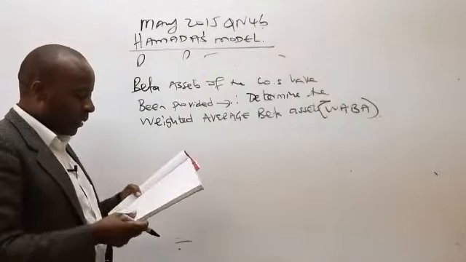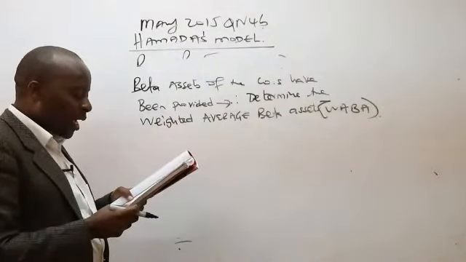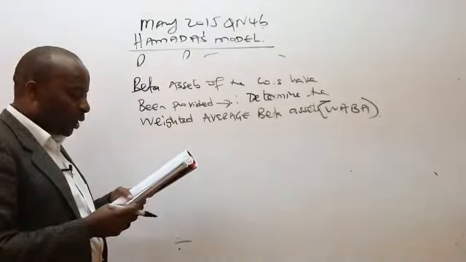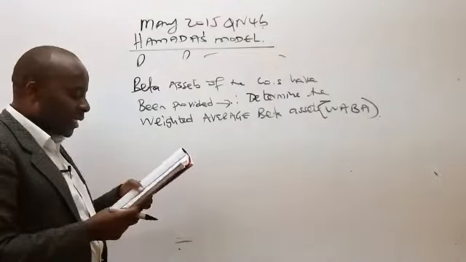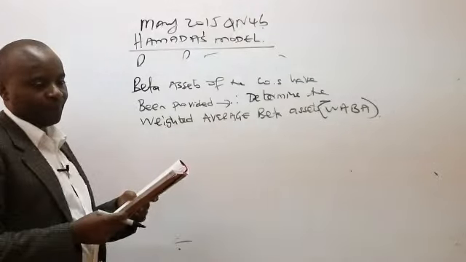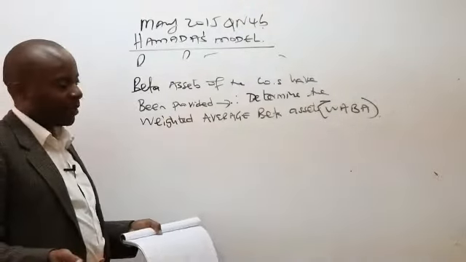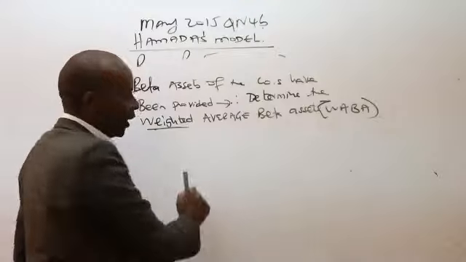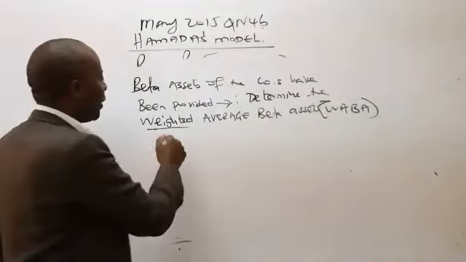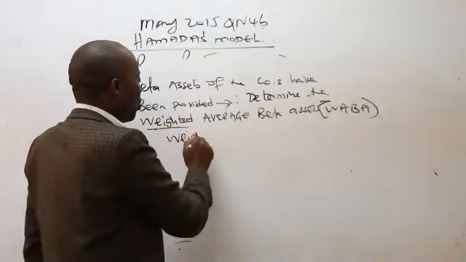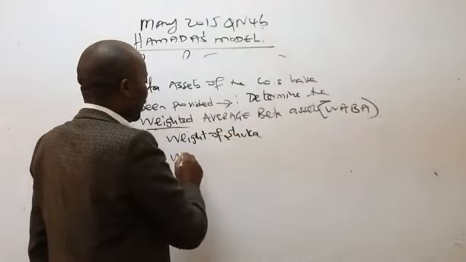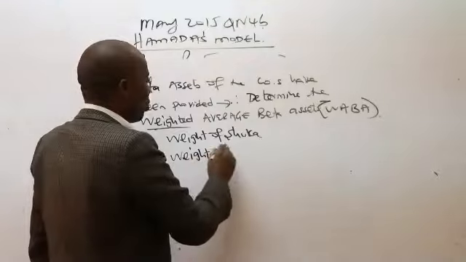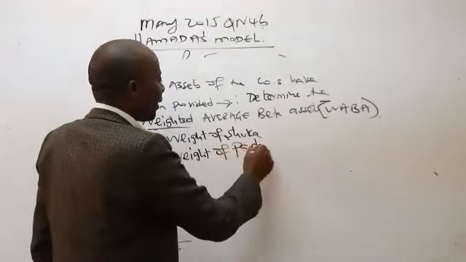So then, ladies and gentlemen, what shall we do for us to be able to get the weights? We need the weights. So I would want someone to give me the weight of Shuka and the weight of Panda.